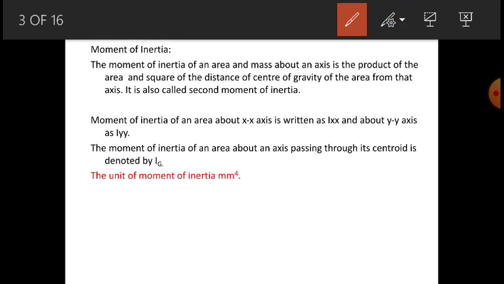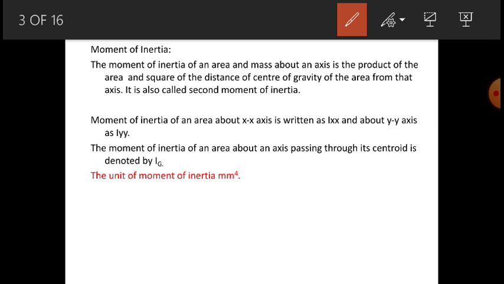The moment of inertia of an area or mass about an axis is the product of the area and the square of the distance of the center of gravity of the area from that axis. This is what I have explained previously with the help of the diagram.